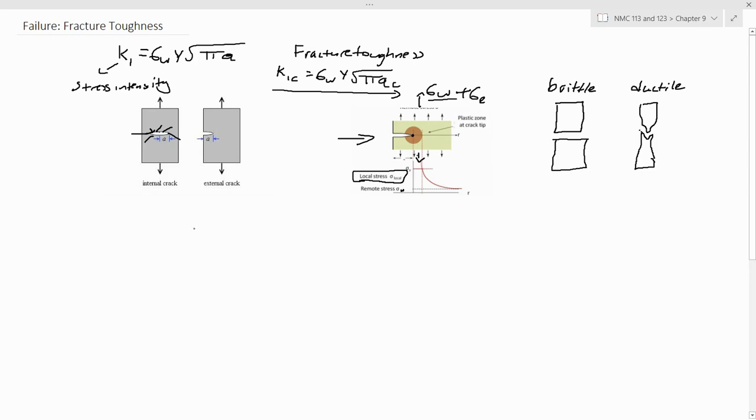The K1 or the K1C is represented by plane strain. This type of mode is mode 1, which is the plane strain mode.